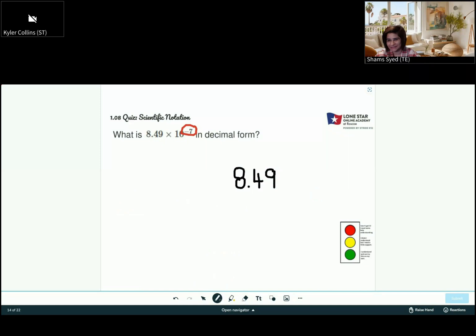Very good, Elizabeth. And -7 means moving the decimal to the left side 7 spaces. Absolutely, Regina. Okay. And then we're going to go 7 places.